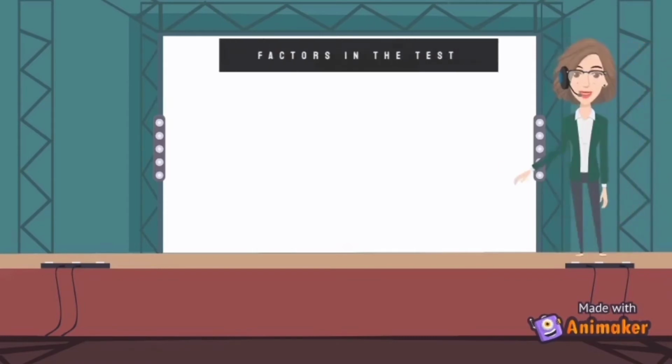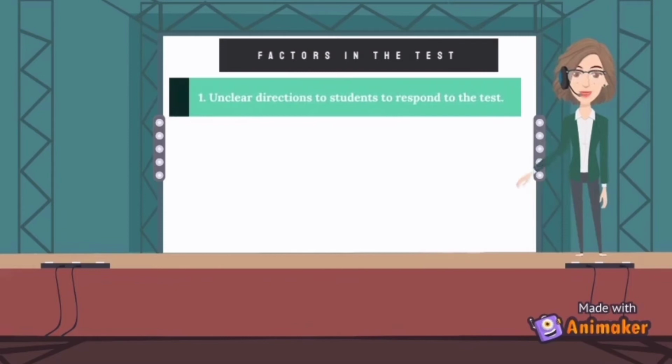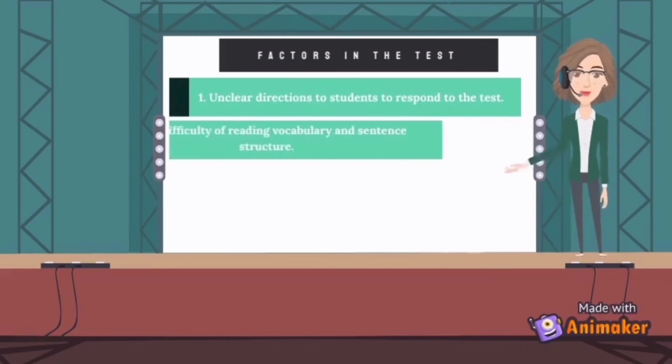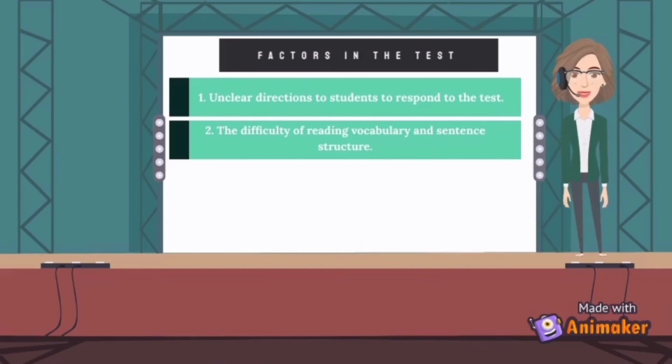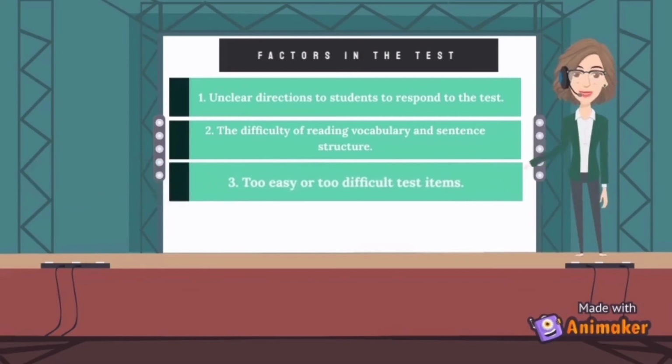Like reliability, there are also some factors that affect the validity of test scores. First, unclear directions to students on how to respond to the test. Second, the difficulty of reading vocabulary and sentence structure. Third, too easy or too difficult test items.